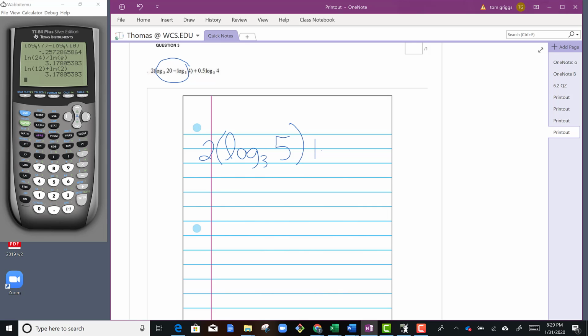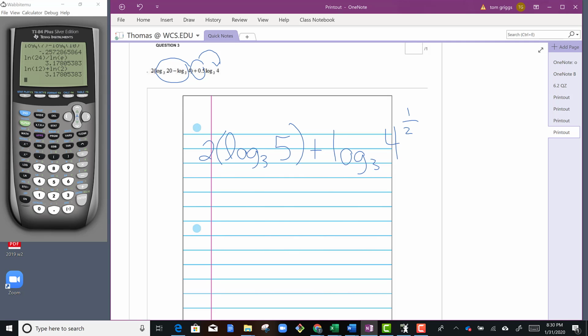Plus, right here, we can use that third log property, which moves that multiplier out front to the exponent slot of 4. So this becomes log base 3, 4 raised to the 0.5 power or to the 1/2 power.